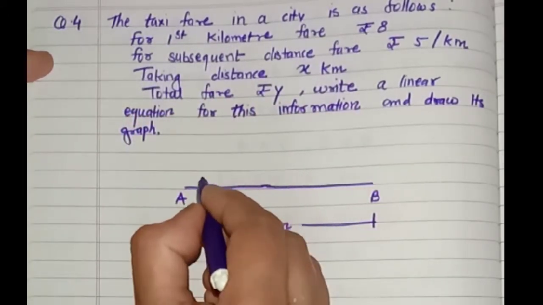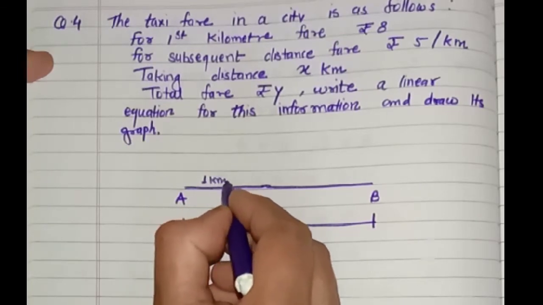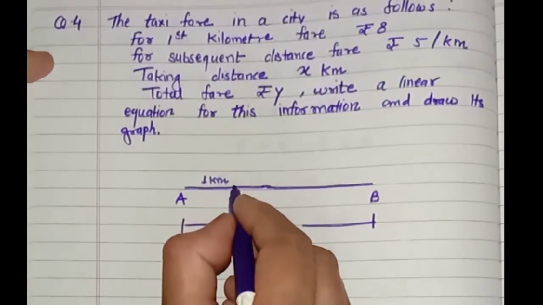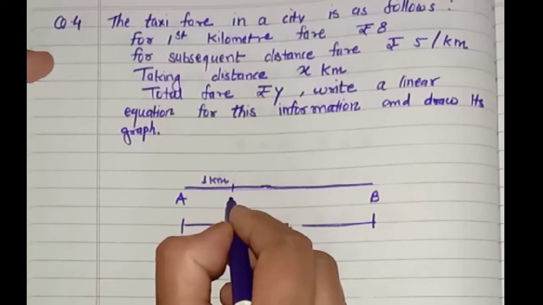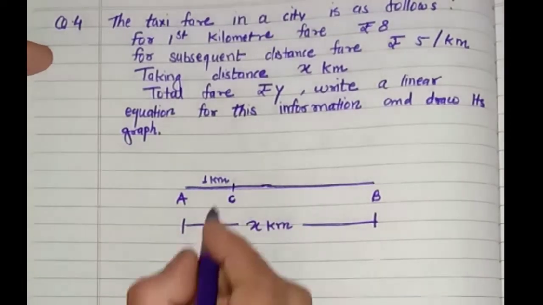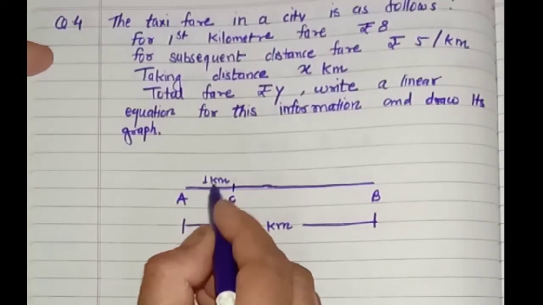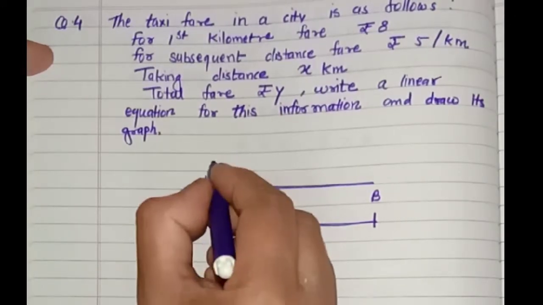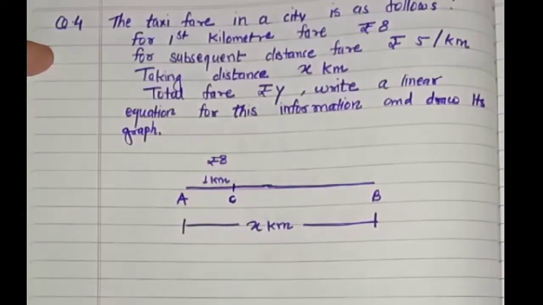Suppose when you complete this distance of 1 kilometer, your point is C, and for this first kilometer, your fare is rupees 8.